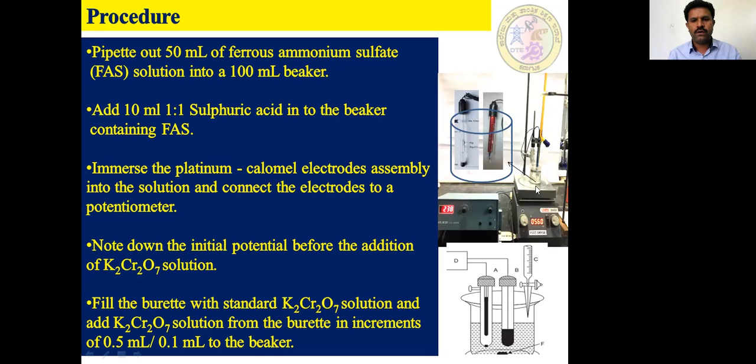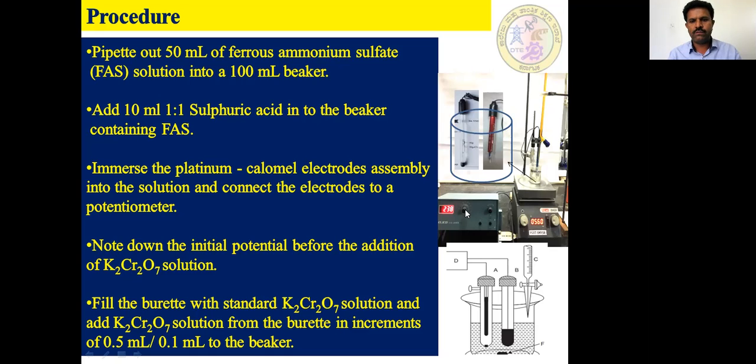We place that beaker over the magnetic stirrer and add a stirring bar into the beaker to mix automatically. And then we should note down the initial potential difference before addition of potassium dichromate solution from the burette.